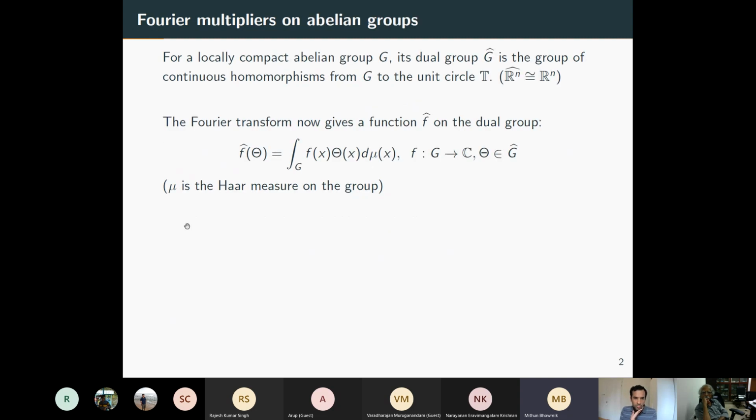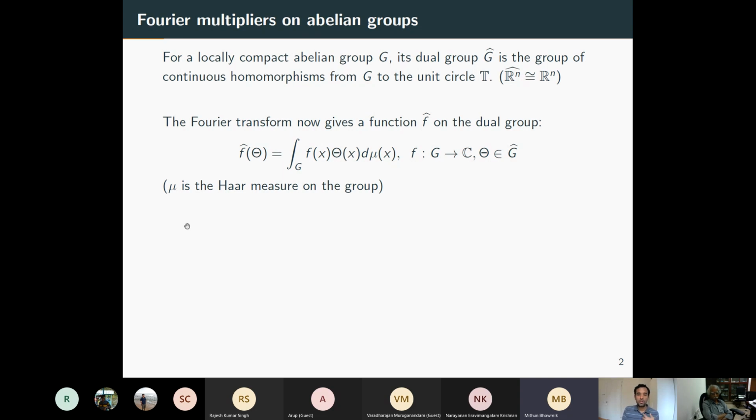Now you can do this more generally on abelian groups. There's nothing restricting you to R. So if you replace R with an abelian group, you now have to look at its dual group, right? This is the group of continuous homomorphisms from the group to the unit circle. And now the Fourier transform gives you a function on the dual group.